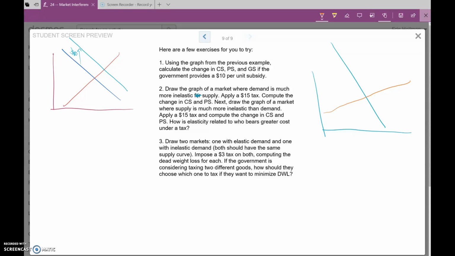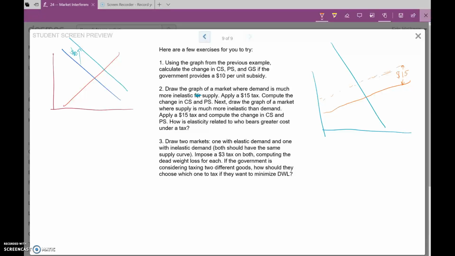It doesn't matter, as we've just shown, which side you apply the tax to, so you can go ahead and put it on producers if you want. The distance between these two lines is $15. Work through the changes in consumer surplus, and try to figure out whose change in surplus, consumers or producers, is larger: the inelastic side, consumers, or the elastic side, which is producers.